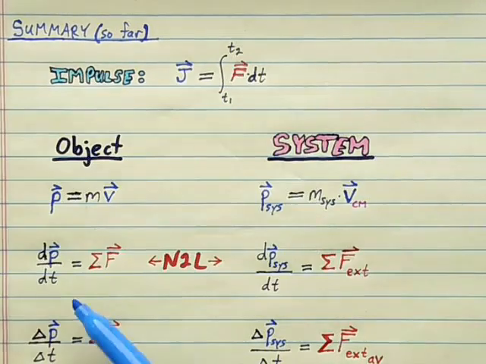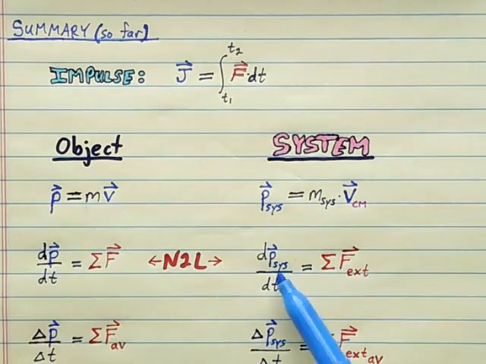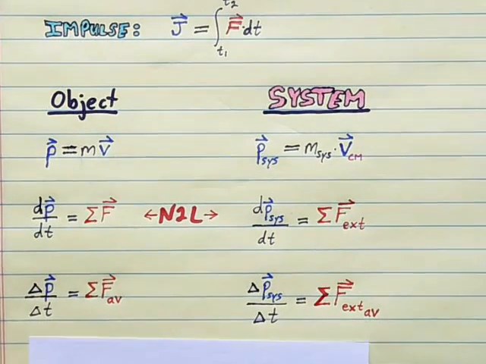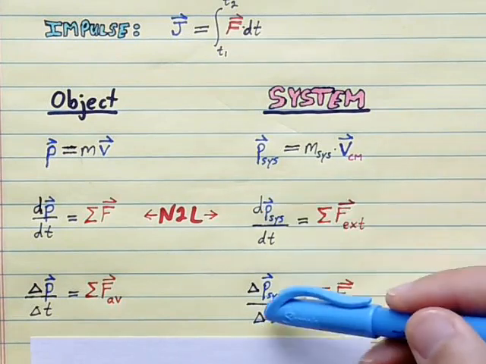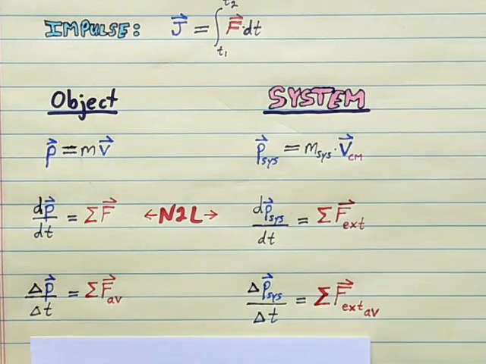And so replacing these derivatives with deltas over deltas, we get expressions for the average net force on some object, given by delta p over delta t, and the average net external force on a system, given by delta p_sys over delta t. Just replace these d's with deltas to get average value.